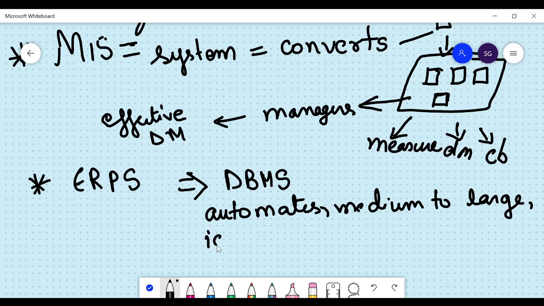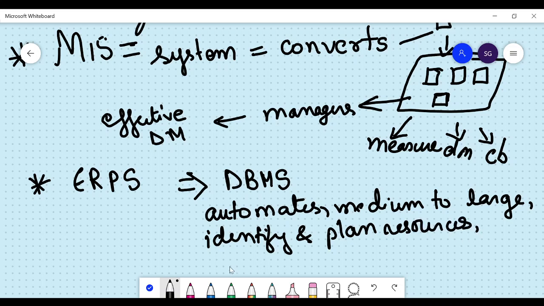It helps to identify and plan resources. It helps to fulfill customer orders.